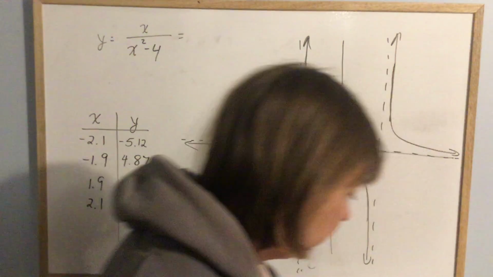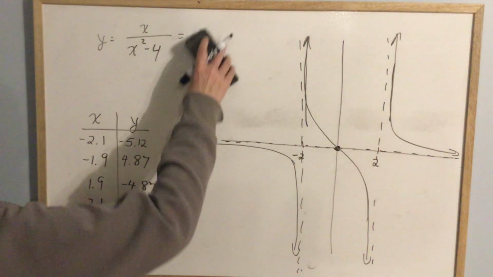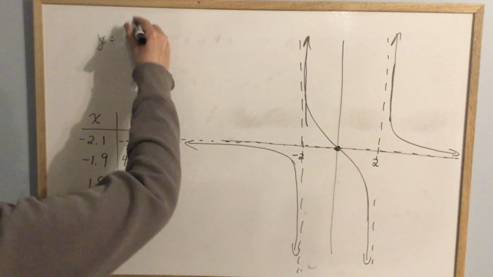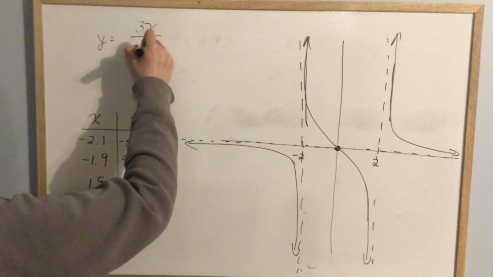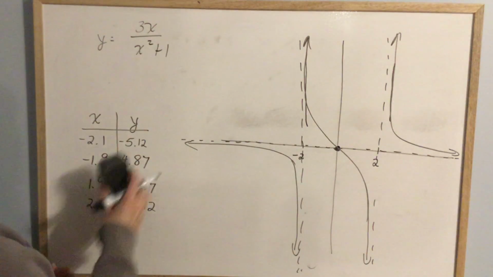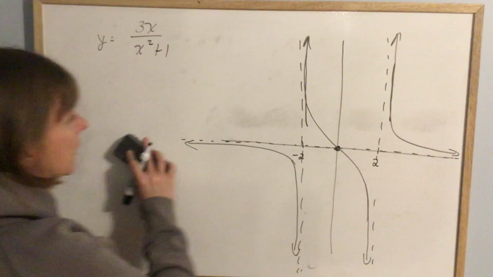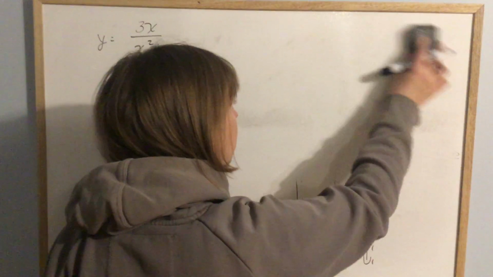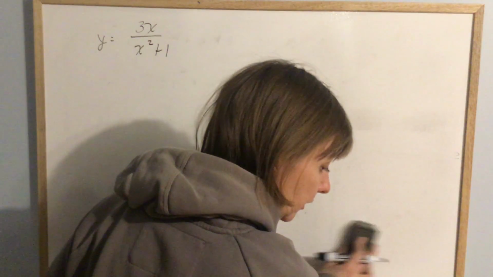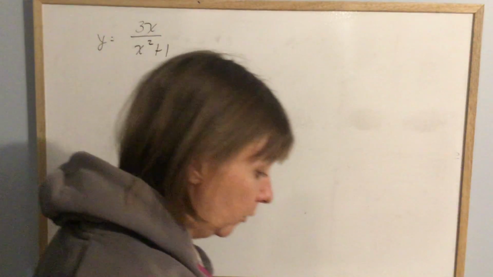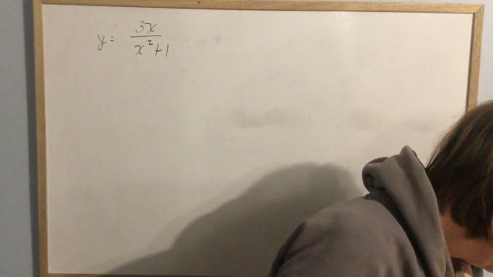4E is 3x over x squared plus 1. All right. Very similar in comparison to the one we just did.